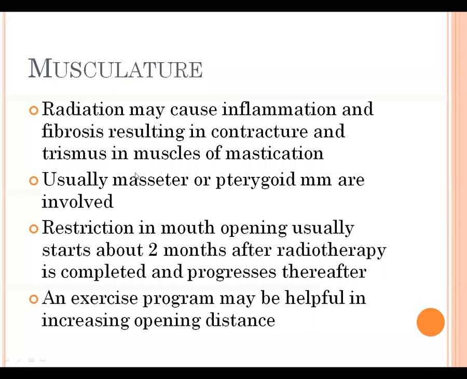Everybody might know the origin and insertion of the masseter and pterygoid plates. Restriction in mouth opening usually starts about the second month after the radiation therapy is complete. Restriction is due to fibrosis, which causes constriction and trismus. After the second month there will be more fibrosis and restriction of mouth opening.